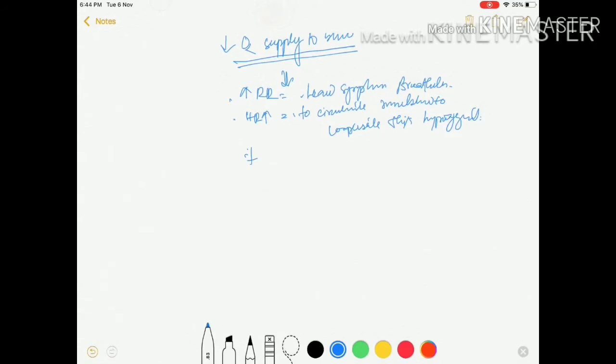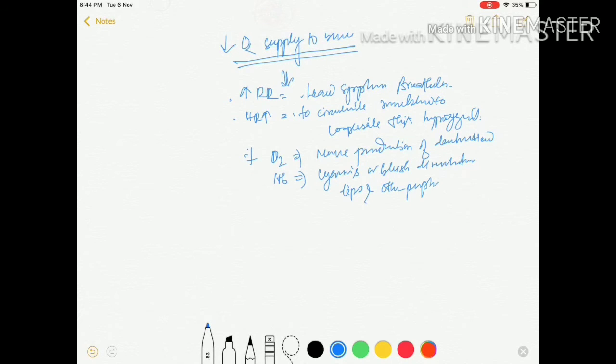If oxygenation stays low, it leads to more production of desaturated hemoglobin, leading to cyanosis, or bluish discoloration of the lips and other peripheral parts.